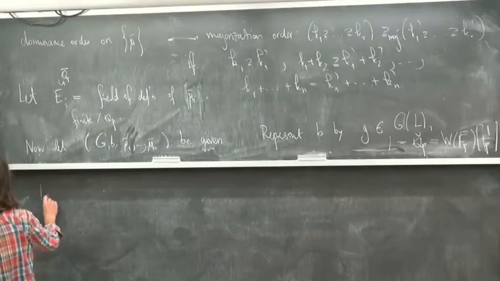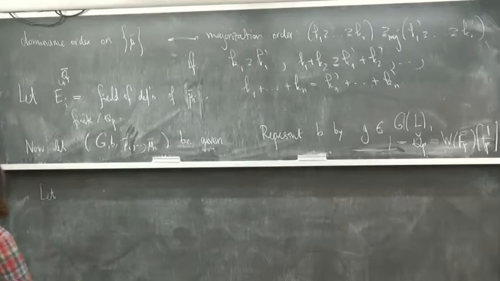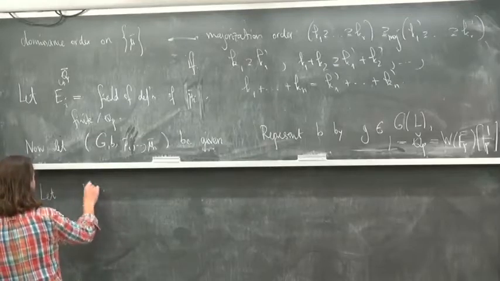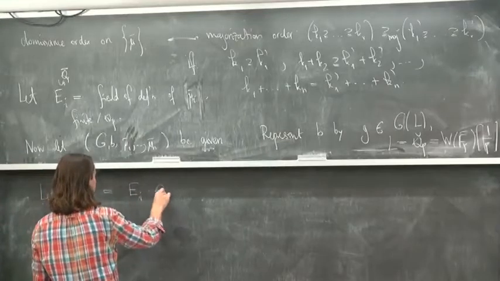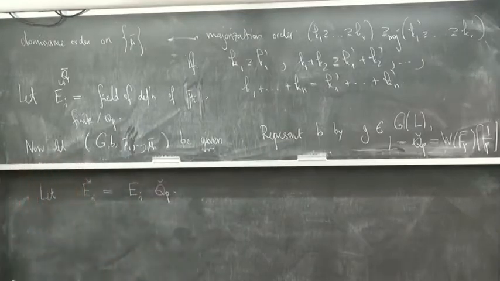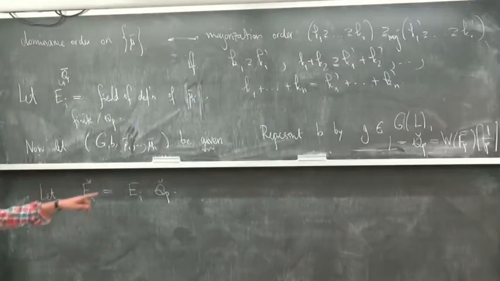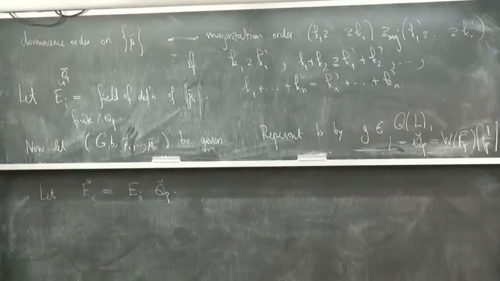It also doesn't really matter, you could also choose a bigger one. And let E_i breve be the compositum of E_i and Q_p breve, where you probably regard this F_p bar as the residue field of the chosen Q_p bar that's around.